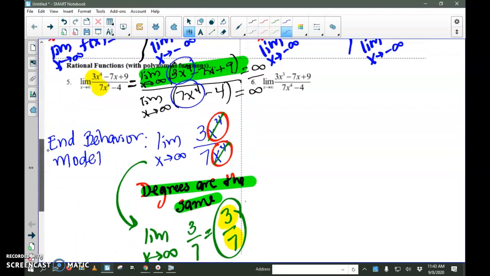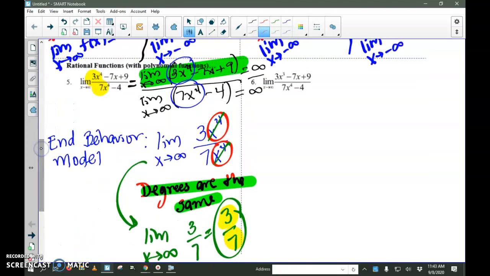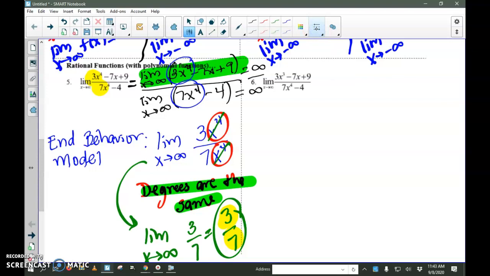Let's apply the same idea here in problem 6. So in problem 6, again, I could split this up into the limit as x approaches infinity for the numerator, the limit as x approaches infinity for the denominator. And again, I have a cubic function. So as x approaches infinity for this cubic function with positive exponent, I get infinity in the numerator. And as x approaches infinity in the denominator for that even degreed function with a positive leading coefficient, I again get infinity.